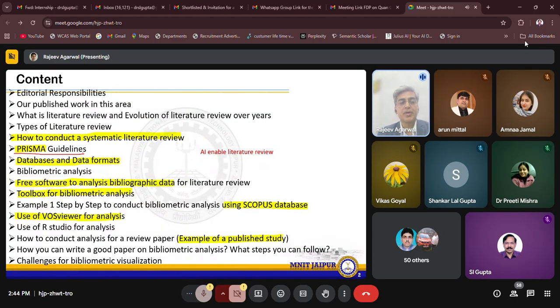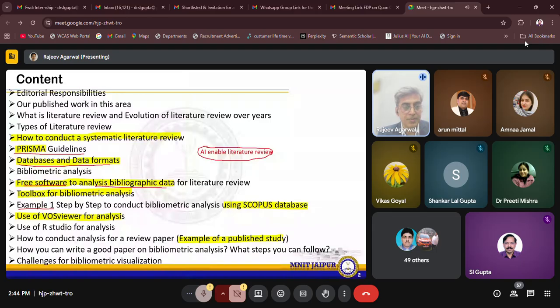Currently, literature review papers are being published with the PRISMA guidelines, and I will tell you about different databases and data formats. And this is one thing which you might be interested to know: AI-enabled literature review. Then, what are the free software tools to conduct literature review and analyze bibliometric data? So various kinds of toolboxes.